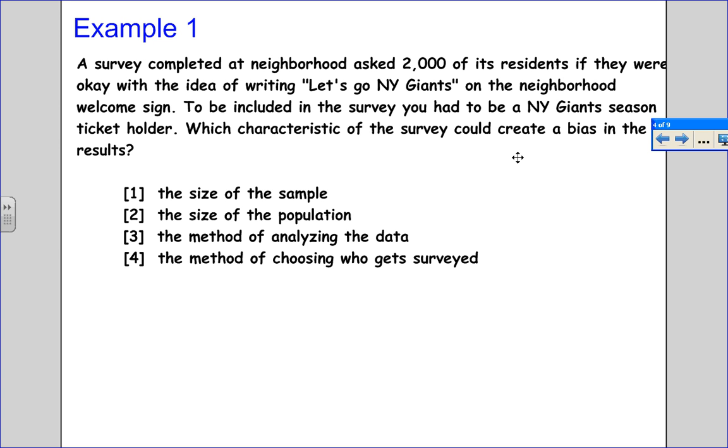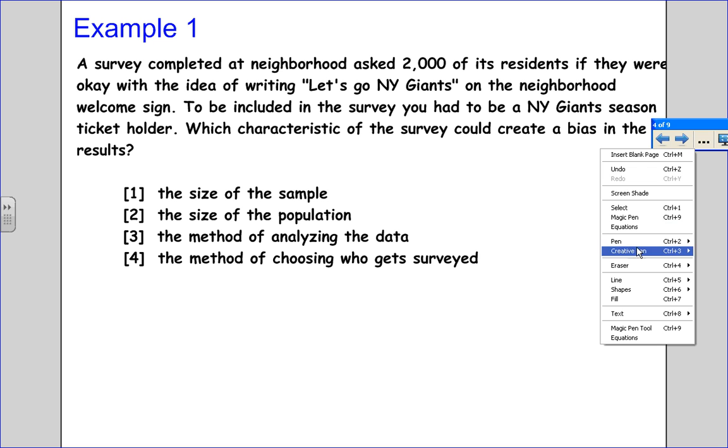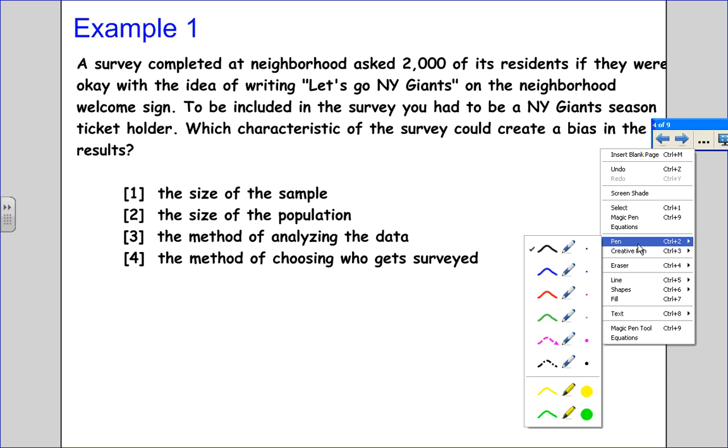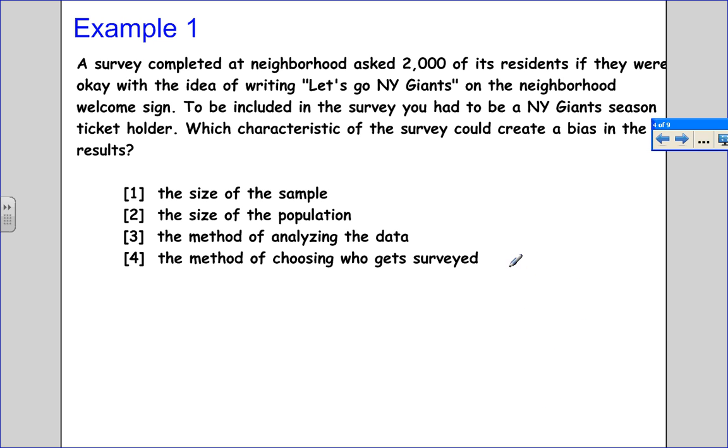Of course, they're going to say yes, that they want to write "Let's Go New York Giants" on the neighborhood welcome sign. They're Giants fans. So, of course, they're going to be okay with it. So, to answer this question, which characteristic of the survey could create a bias? The answer is going to be choice 4, the method of choosing who gets surveyed.